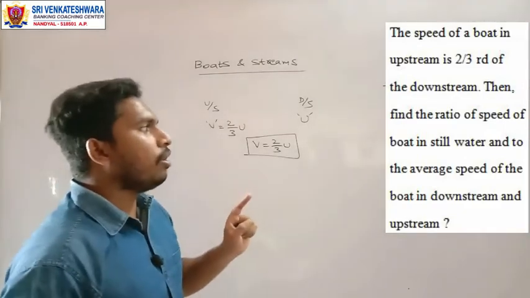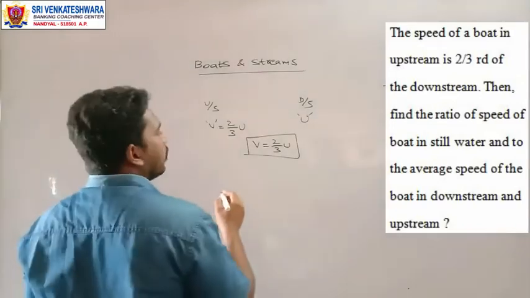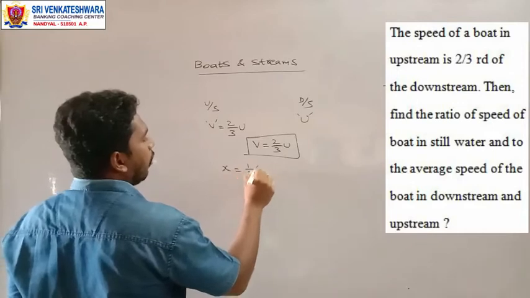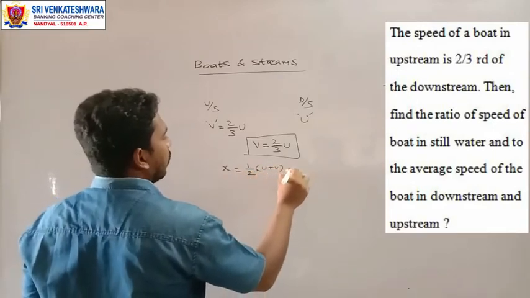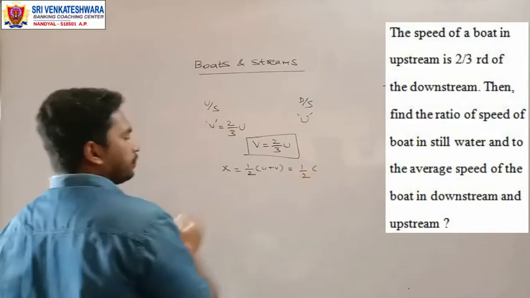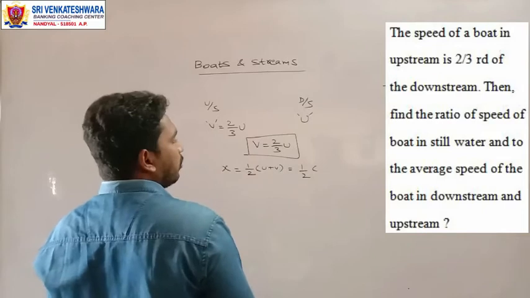Find the ratio of speed of boat in still water. What is the speed of boat in still water? That is x, right? x is equal to half of U plus V. So just a simple substitution: you can write V in terms of U, right?